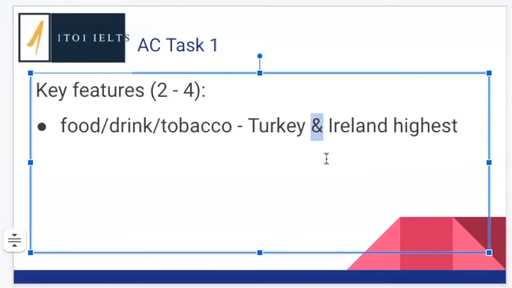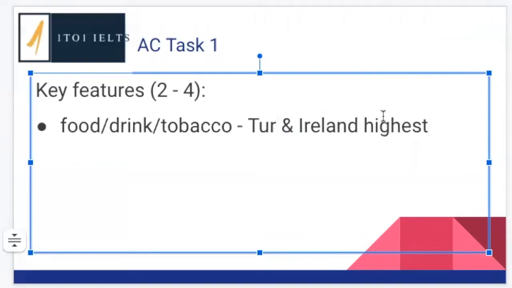Use symbols. If you prefer to just write T and I, it's fine. We're planning. Doesn't matter if it's task 1 or task 2. We need to plan first. So whatever is the quickest for your notes and you understand it, keep it as short as possible. Okay, so we've got one feature.